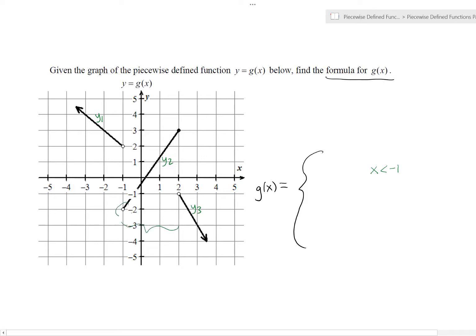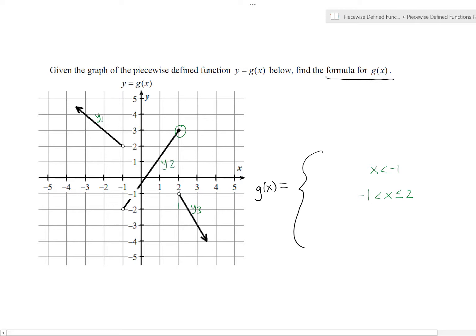Notice at -1, we do not have a value, and at 2, there is a value there. The output is 3. So that next rule, y2, will be defined on the interval of x's larger than -1 and less than or equal to 2. Again, we have a value at 2 and not a value at -1.